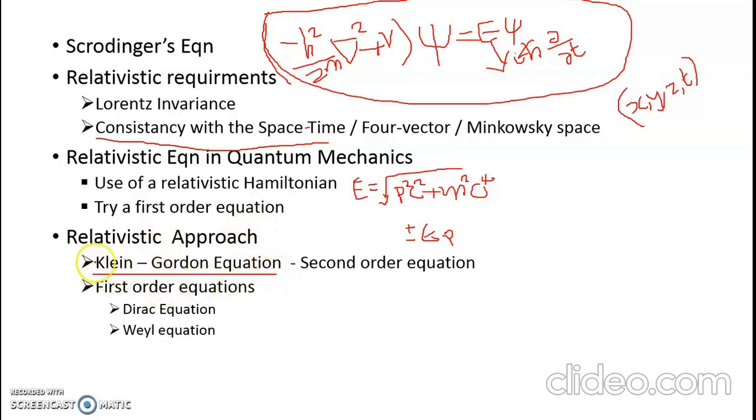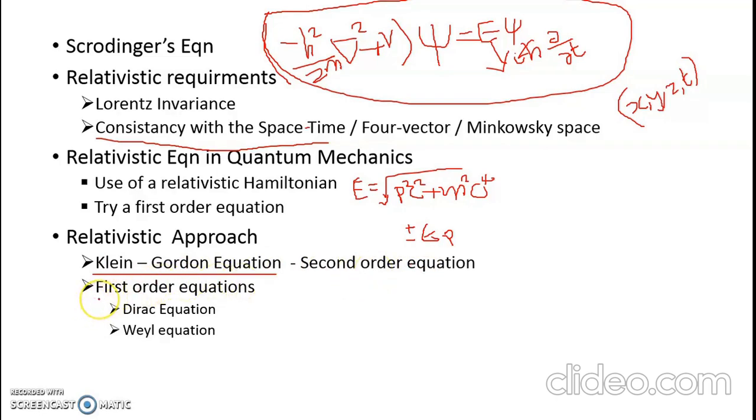And this first approach was later on revived with the help of the Weisskopf and Pauli interpretation by Klein, Fock and Gordon, and this equation later on became well known under the title Klein-Gordon equation, which is a second order equation in the sense that the equation is second order in both space and time coordinates, unlike Schrodinger's equation.